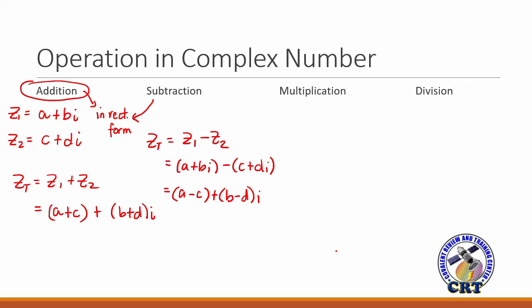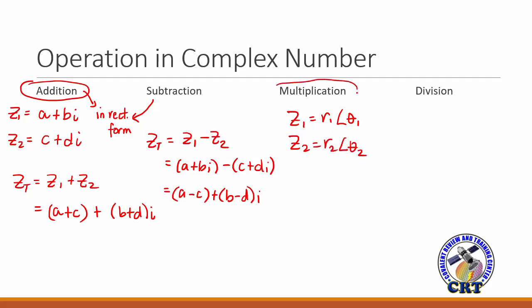While for multiplication operation, let's say we already transform the given complex number into polar. So let's say z1 equals r1 angle of theta 1, z2 equals r2 angle of theta 2.